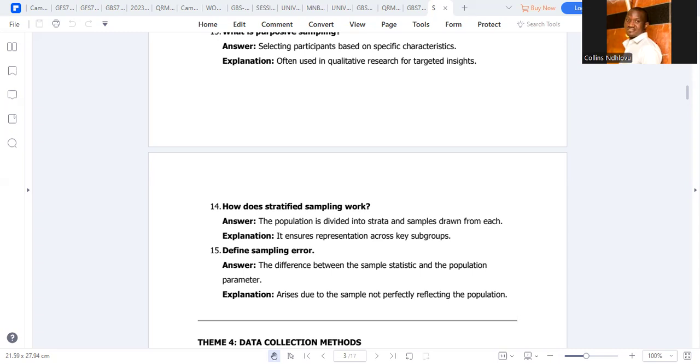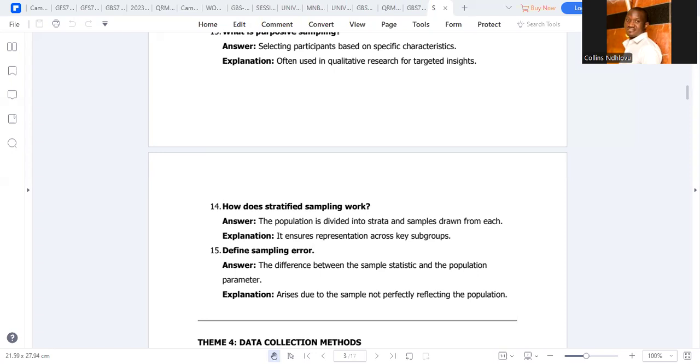What other types of bias do we know? Measurement bias or instrument bias. It occurs when the data collection instrument, like a questionnaire or survey, is faulty. So they lead to errors, we call systematic errors in the data. So this happens when the instrument is poorly designed. So it's important that you are very particular about how the instrument is designed.